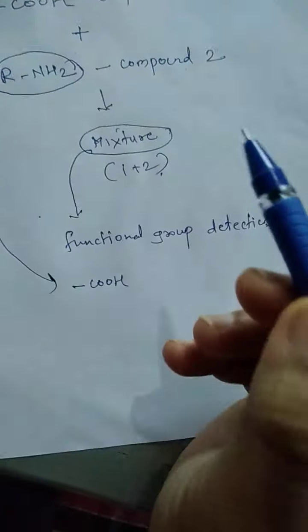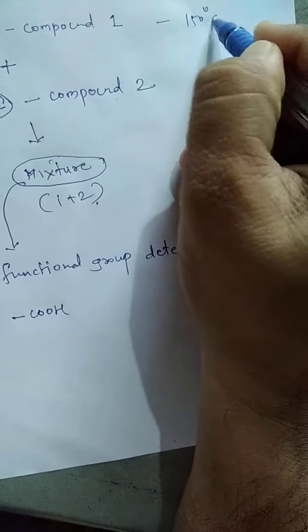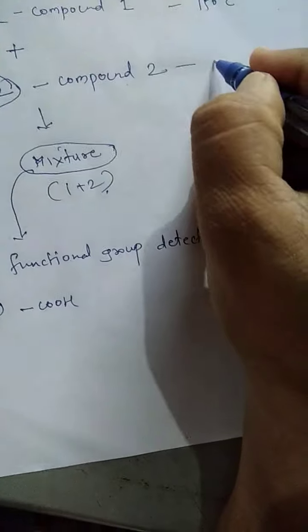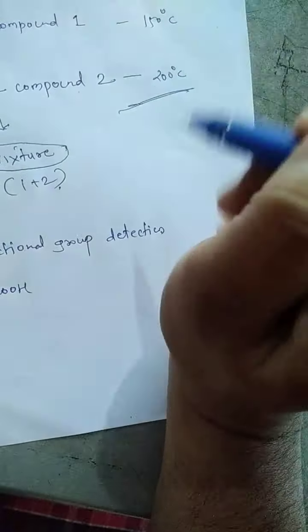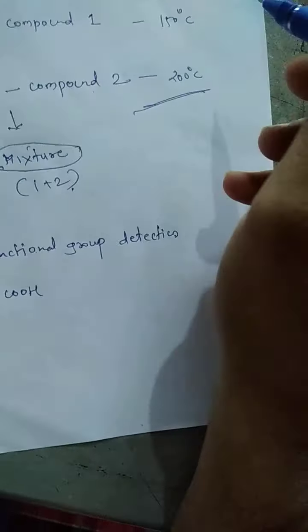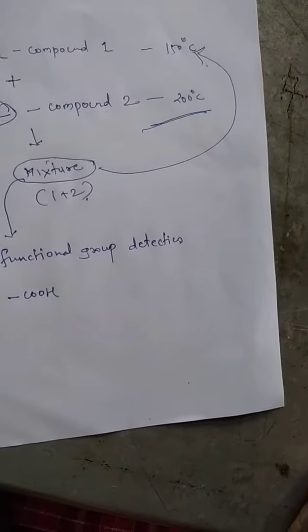directly. Another example: one compound has a melting point of nearly 150 degrees Celsius, and another has a melting point of, suppose, 200 degrees Celsius. If you take the melting point of this mixture, at 150 degrees you will find that some of the compound is melted.